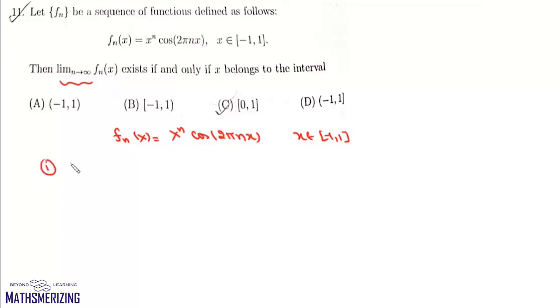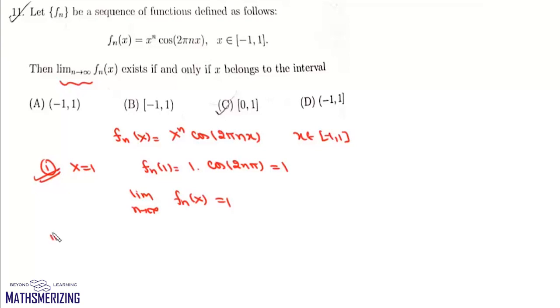Now, if we consider the first case, when the value of x is 1, we can write fn(1) as 1 into cos 2n pi, and cos 2n pi is 1. So in this case, the limit as n tends to infinity of fn(x) will be simply 1. So for x equal to 1, this limit exists.